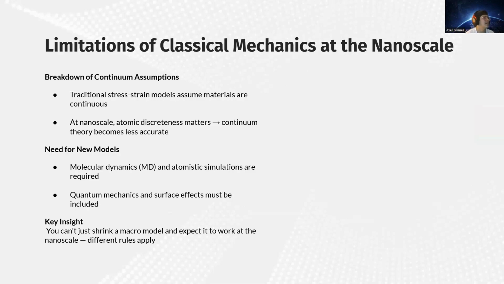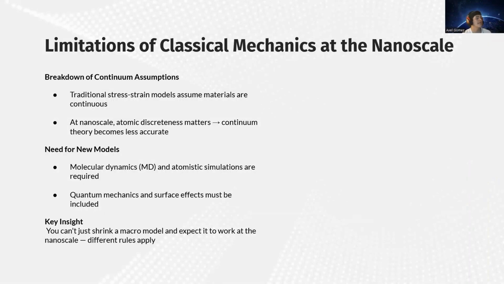When we analyze large structures, we use classical continuum mechanics, which assumes that a material is smooth and continuous. But at the nanoscale, this breaks down. Atoms are discrete, non-continuous, and their individual behavior starts to matter. This is why models like molecular dynamics become necessary. This simulates how atoms interact, move, and deform under stress.